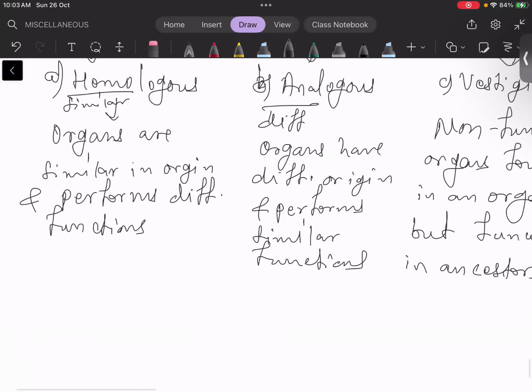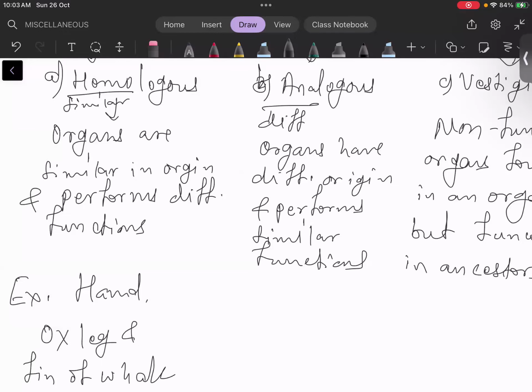Now, the best examples of homologous organs include the human hand, ox leg, and fin of whale. Then the best examples of analogous organs include wings of insects, wings of bat.